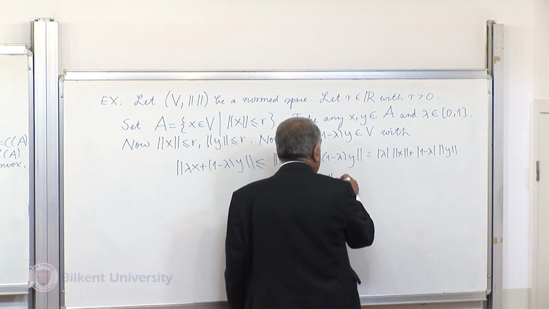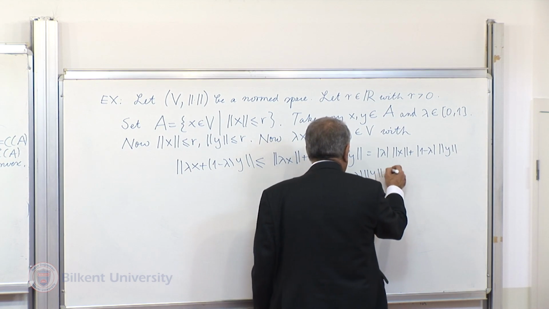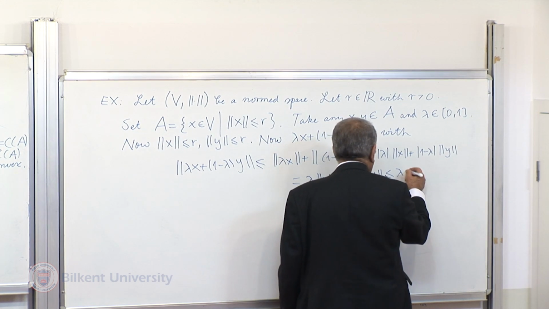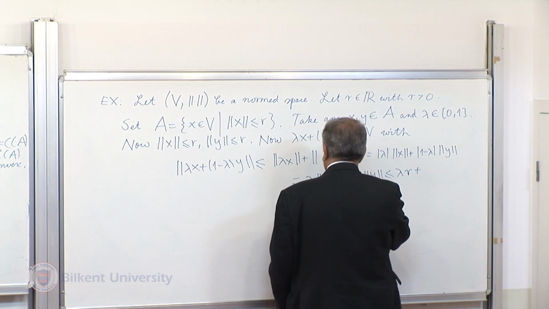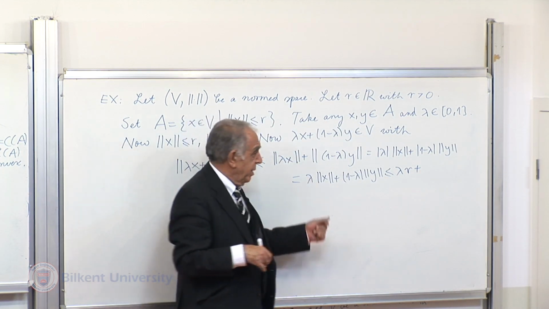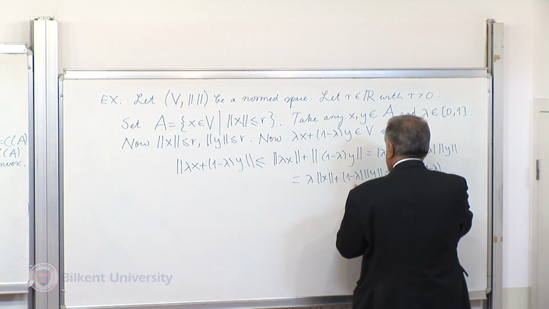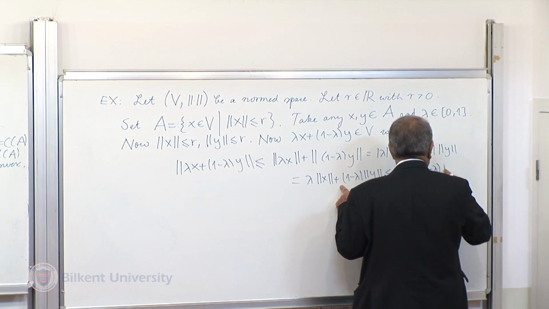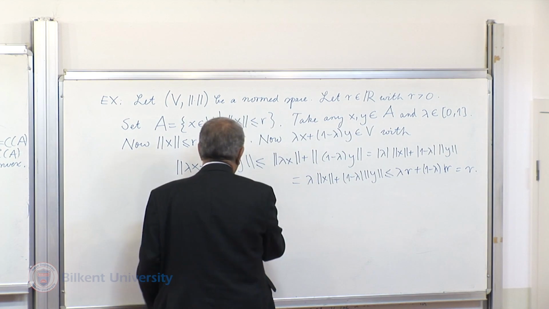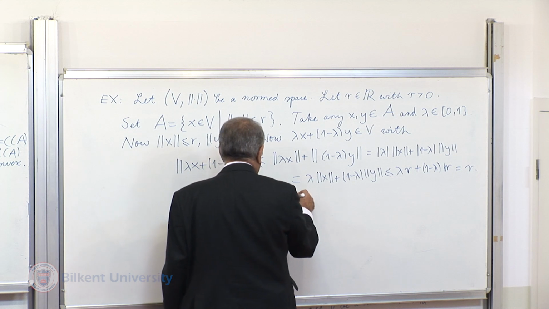So this is less than or equal to lambda times R, since the norm of x is less than or equal to R and lambda is non-negative, plus 1 minus lambda times R, but that's equal to R. So A is convex.